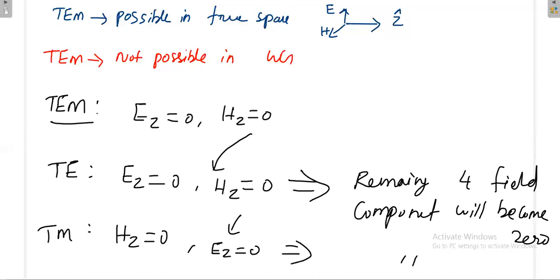Note: TEM, transverse electric magnetic.